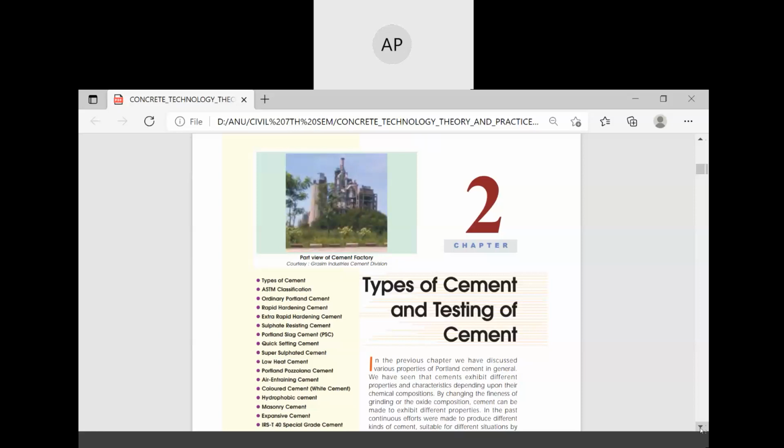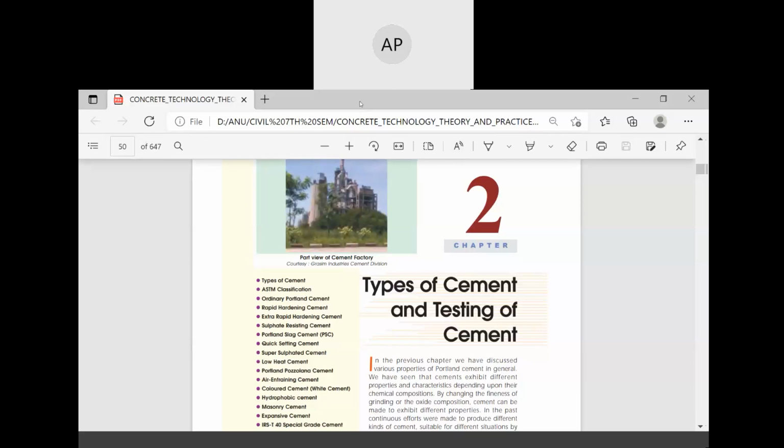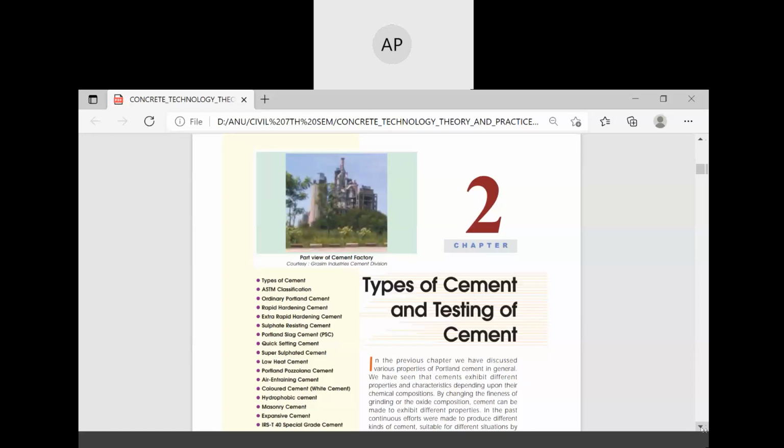First introduction part is given, and cement manufacturing process is given, isn't it? Okay, so we have various types of cement depending on the chemical formation, chemical constituent.